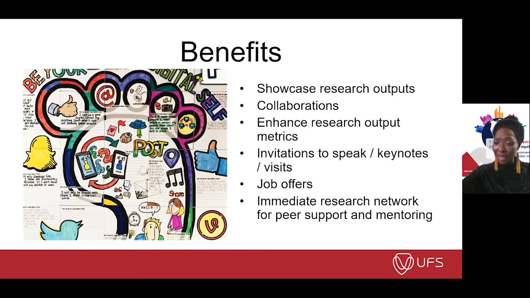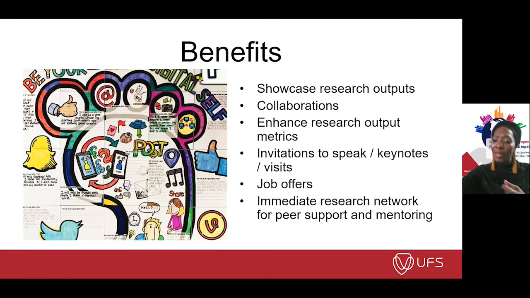Those are the citation impact, the citations. Once you have a positive or an effective online presence, people would be able to access more of your work, your research outputs, and with that, they will also be able to cite your work as well.